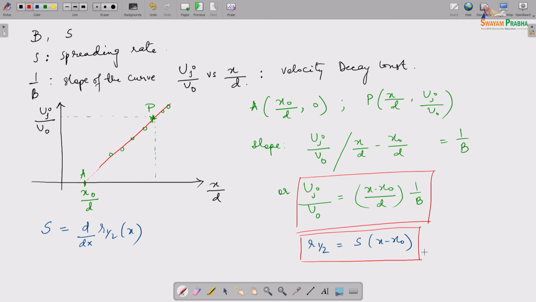So when I drew this, what we are saying is that uj by u naught, with respect to x by d, is actually self similar.